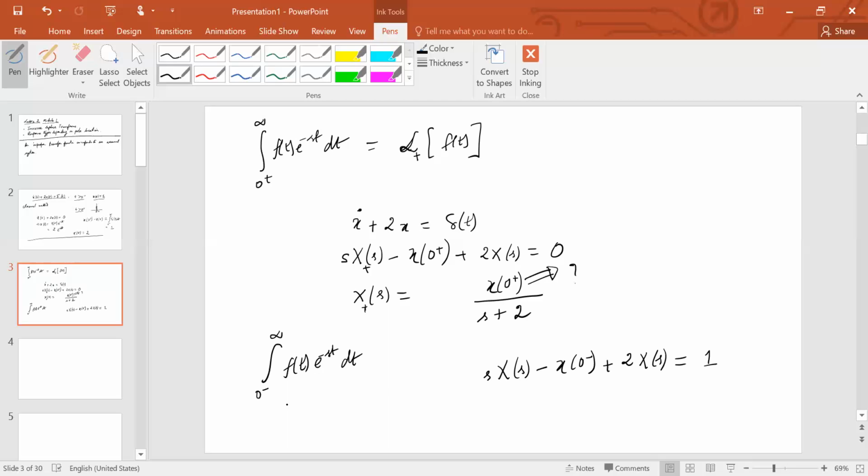Why? Because now that we have considered the lower limit of the integration from 0 minus, the Laplace transform of this delta can be written as 1. And this makes all the difference.